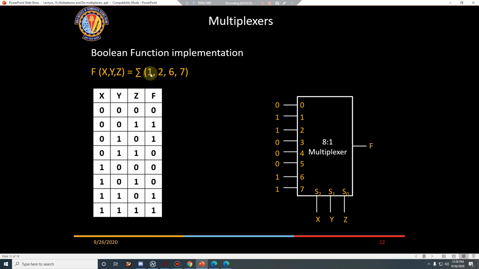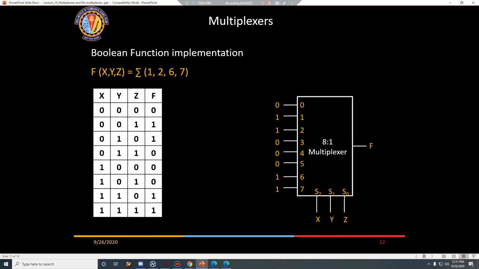For minterm 1, that is 0 0 1, I should get 1, so in the mux input 1 I put VDD. So when I put 0 0 1, F will automatically be 1. Corresponding to minterm 2 I put 1, for 6 I put 1, for 7 I put 1, and zeros in the rest of the places. This will generate the required function F, with variables X, Y, Z. Is it okay? Okay, sir.